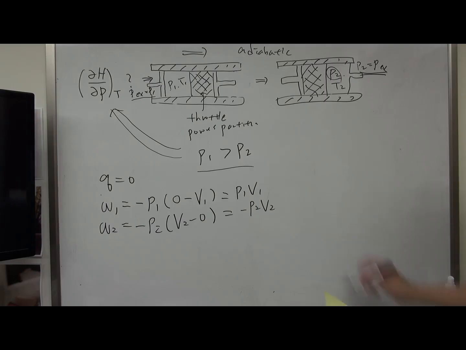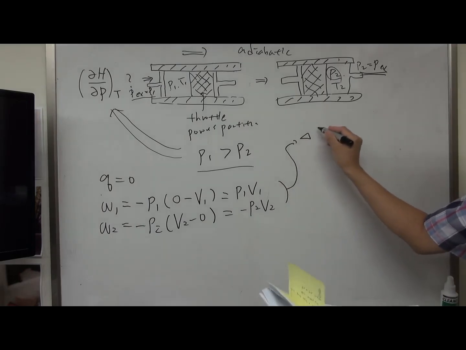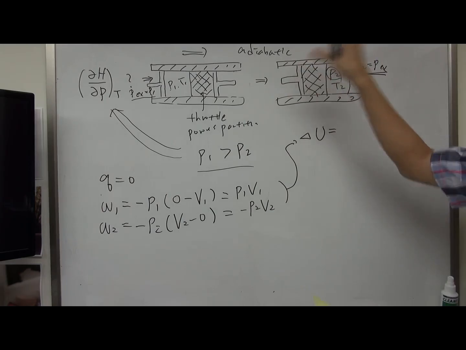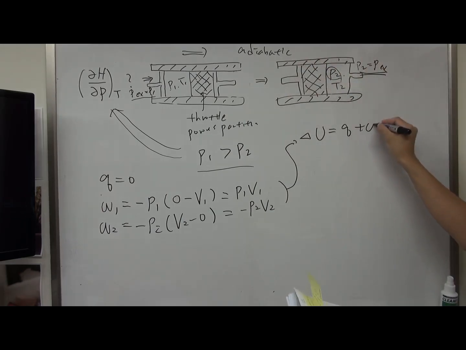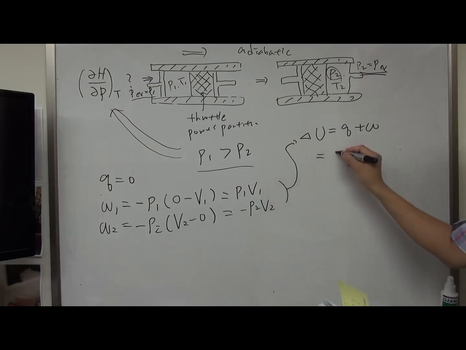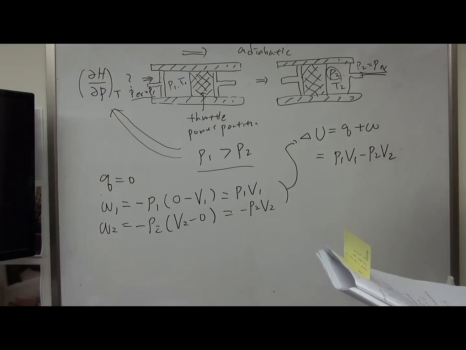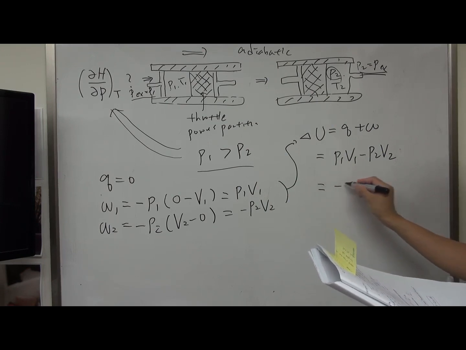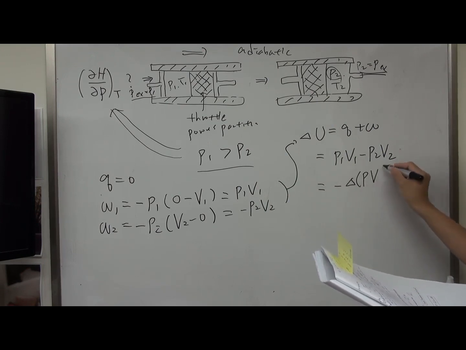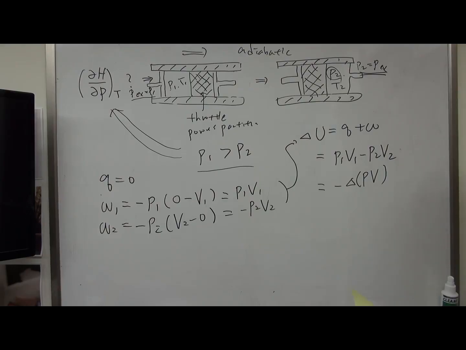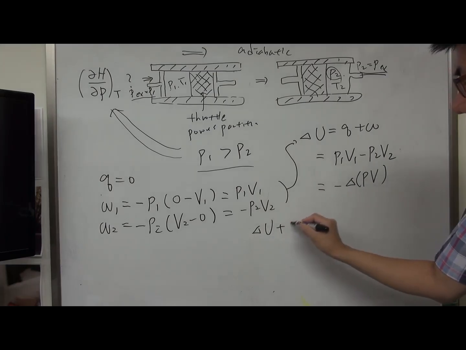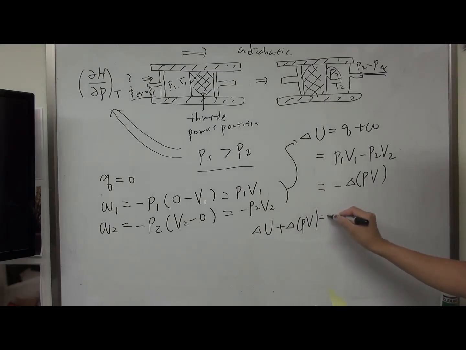So the total internal energy change during this process would be Q plus W according to the first law of thermodynamics, which corresponds to P1V1 minus P2V2, which is minus ΔPV. If you take this to the left side, ΔU plus ΔPV is 0.